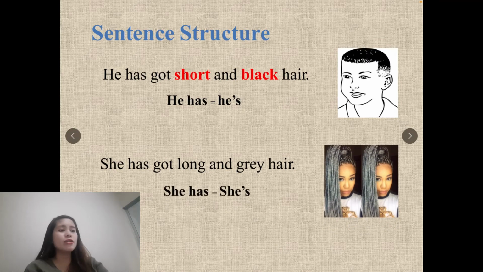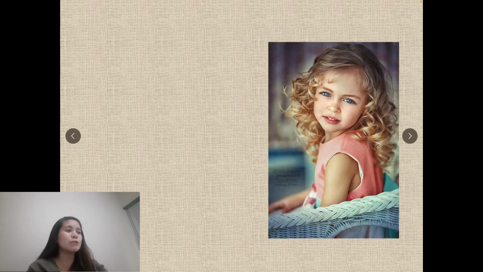So she has, we will make it short. So we will say she's. And we can say she's got long and gray hair. Okay, so that is the sentence structure. So remember, we are going to make it short. Instead of has, we remove the has and we say she's or he's. Understand? Right, now let's proceed.